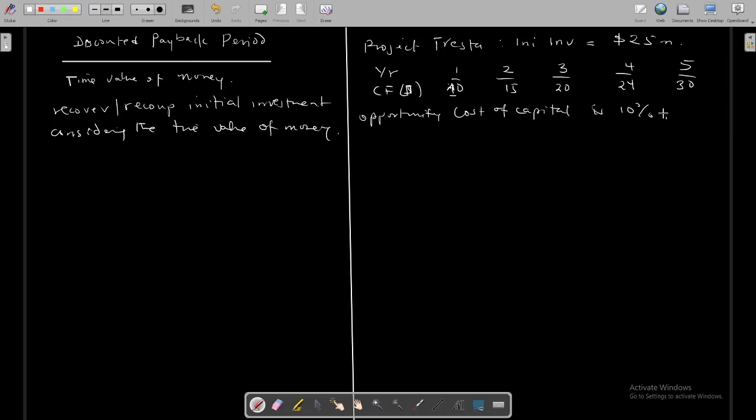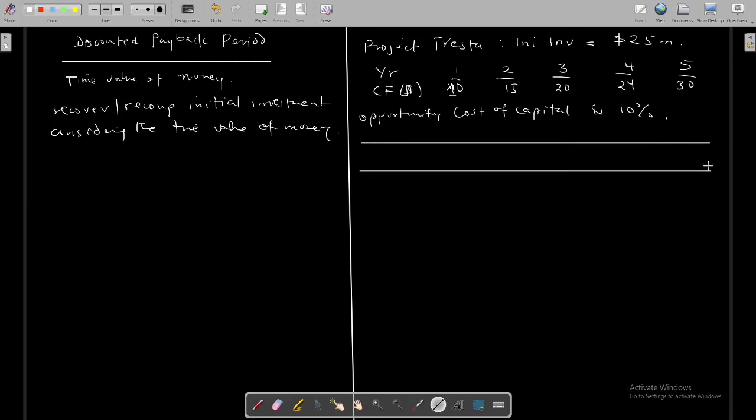So how do we find the payback period? In order to find the payback period, we need to set a table. So let's set a simple table. We start with the years, the cash flows.